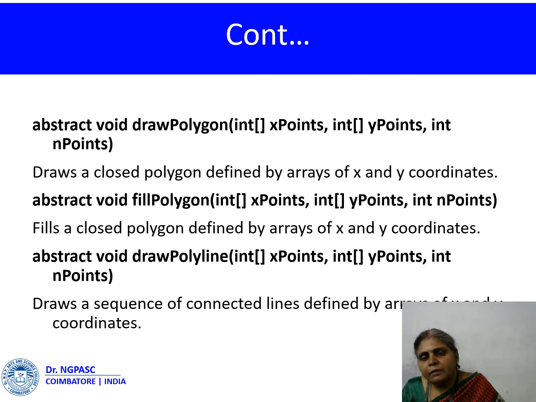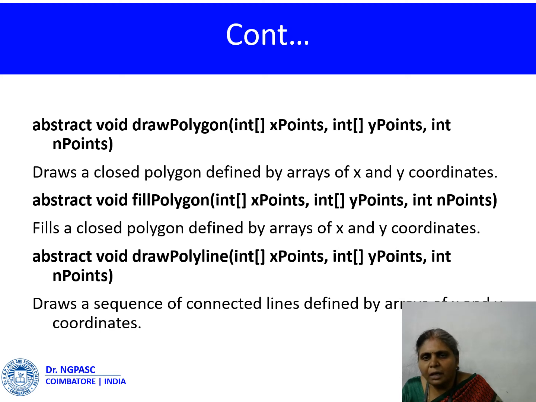It is a very useful method for drawing polygons, where the polygon is nothing but a collection of points joined by straight line edges. While talking about the collection of points, each point is specified by its x and y values. So we have a set of x values in the first parameter, which is an integer array.